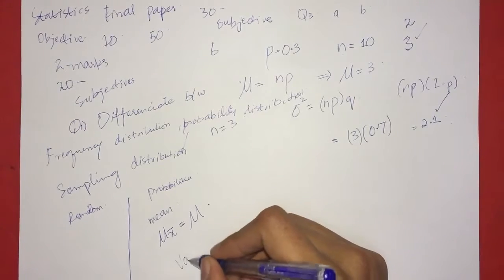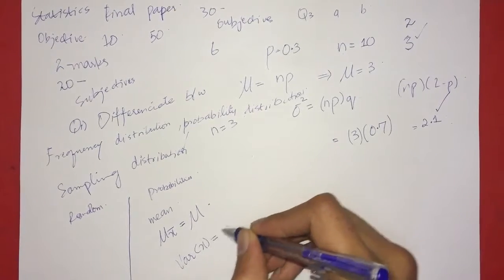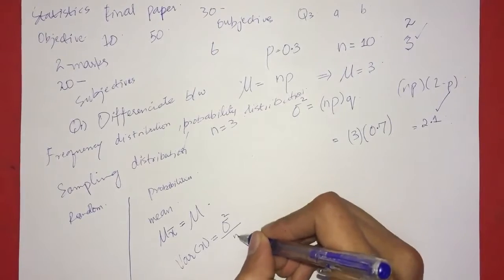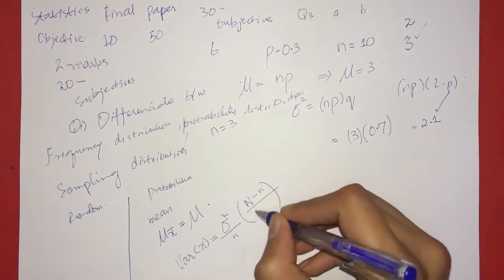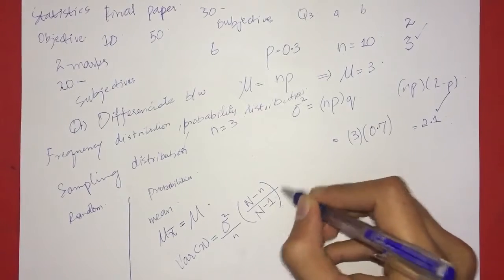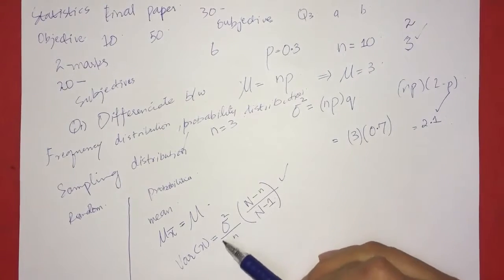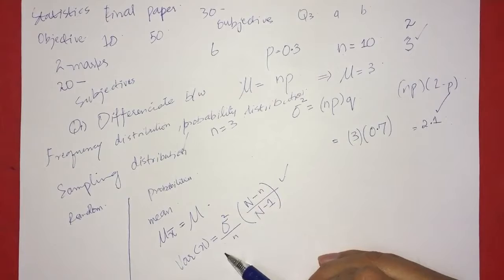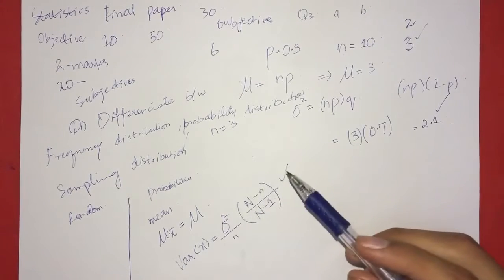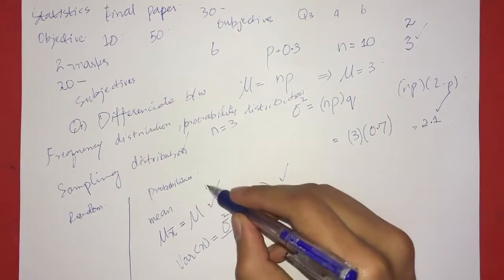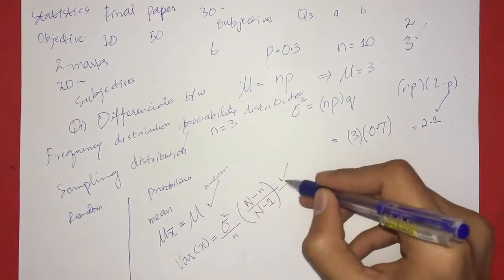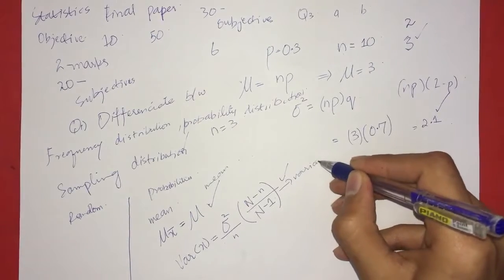For the variance of x bar, you have sigma squared divided by small n, into capital N minus n divided by capital N minus 1. Using this process you make an inference and get the variance of your population using the sampling distribution of variance for these samples. So this is the formula for the mean, and this is the formula for the variance.